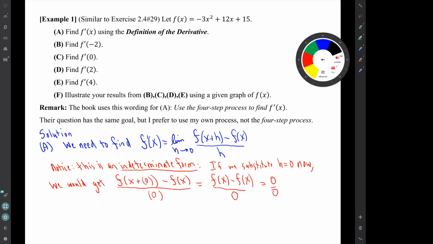So that tells us that we can't do this limit by simply plugging in h equals 0 right now, because we would get 0 over 0. And remember, when computing limits, if you get 0 over 0, you can't do the limit that way. You have to find some other way.